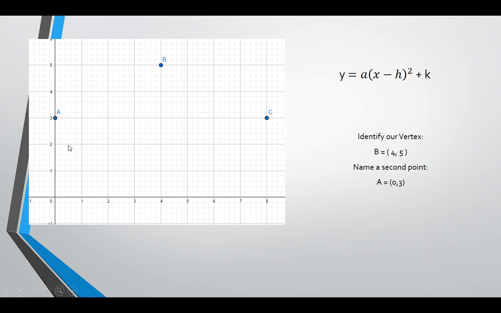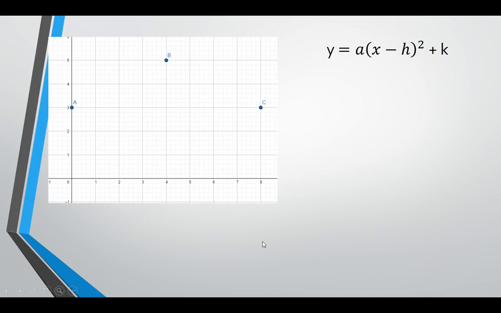For this, we'll use A, which is at 0, 3. So our next step, as we used before, is to plug these values into our equation. We get 3 here for our y value, and we have our a, as we're solving for a. We have 0 for our x value of A, 4 is h, and 5 is k.